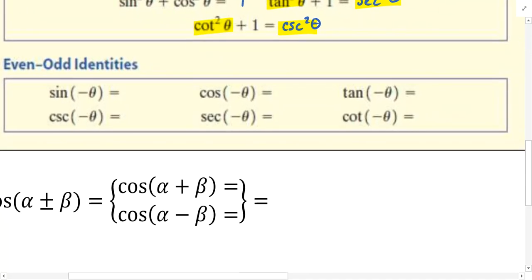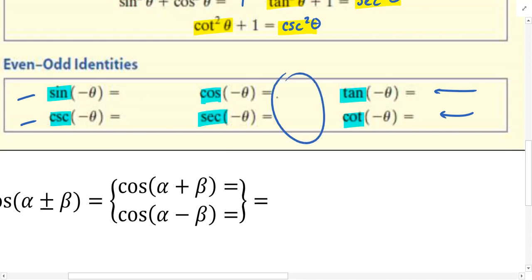Now, as far as our even-odd identities, as long as we've written the trig functions in traditional order, sine, cosine, tangent, then cosecant, secant, cotangent, we should recognize that these outside corners, all 4 of these, are odd functions, and it's only the interior 2 that are even.